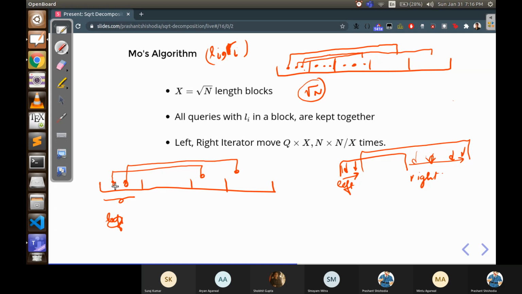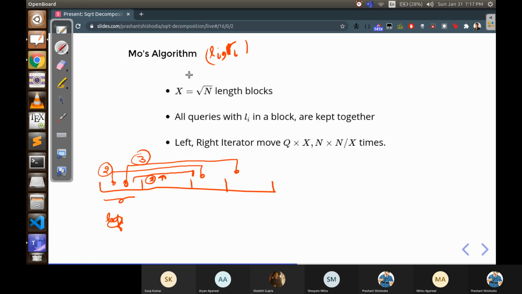So if there were a query here like this, I would have processed this one first, then this one because of its endpoint, then this one. Now if you consider this, when you are inside a block, your right iterator only moves forward, right? Because the queries are sorted by right endpoint.